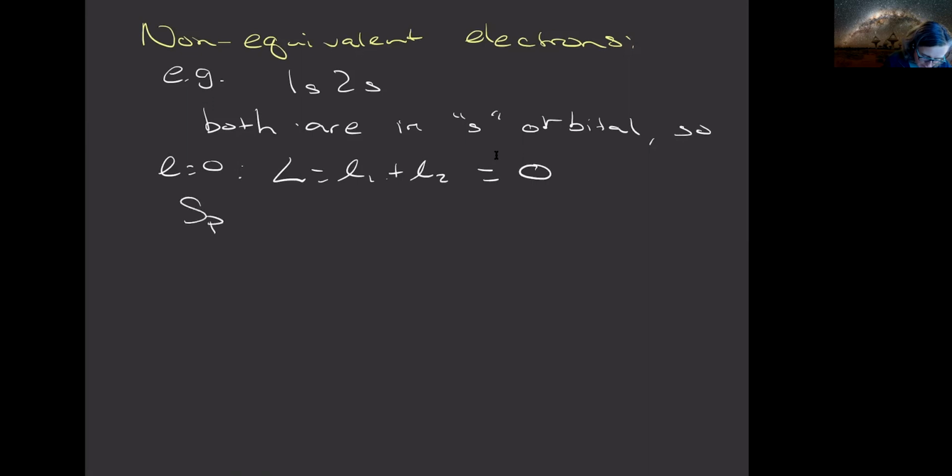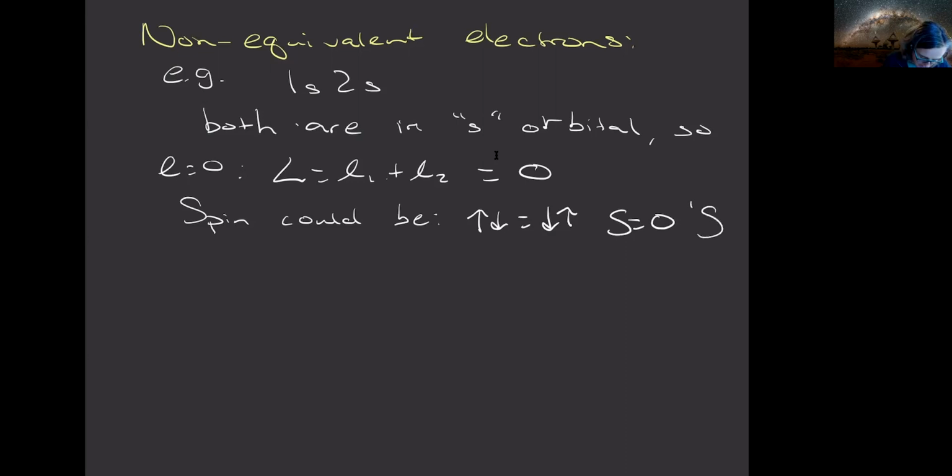And the spin could be either up, down, which is just as equivalent to down, up. In that case, S is equal to 0 because we have 1/2 plus minus 1/2, and we would have a 1S descriptor.